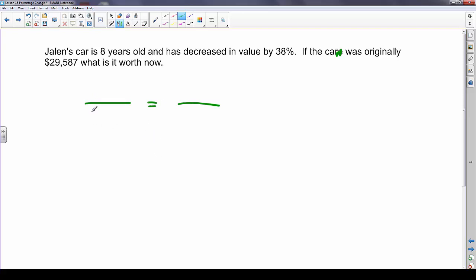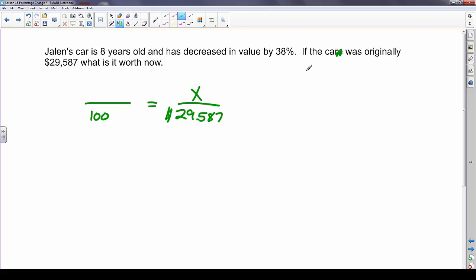I know that the original price of the car is the 100%. And I know that original corresponds to $29,587. I don't know the new price of the car. I'm going to put that over here. But I know the value has decreased by 38%.